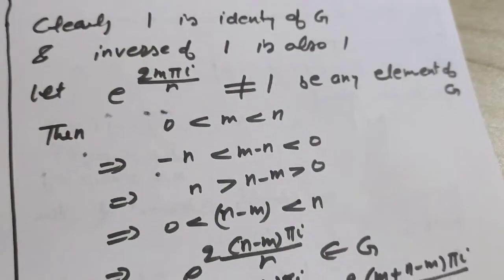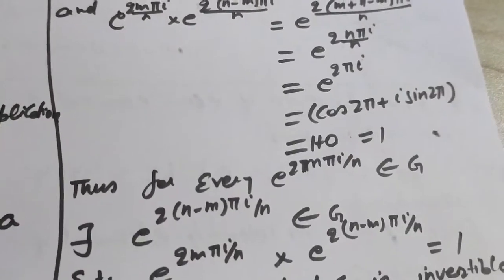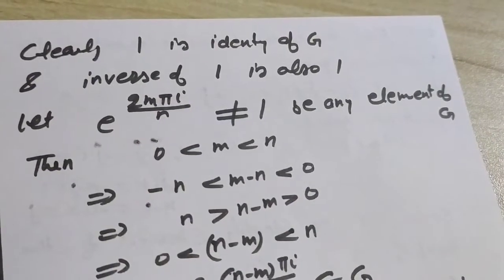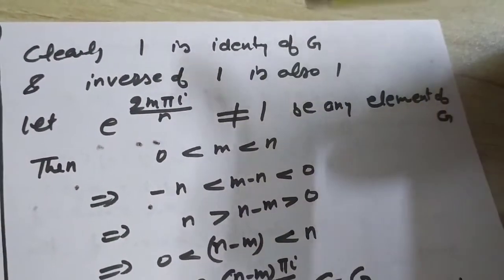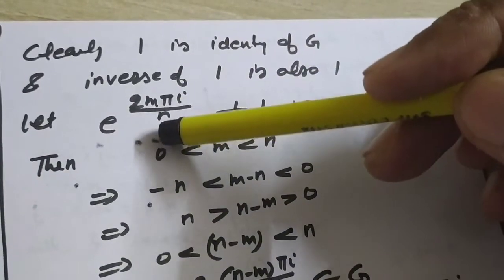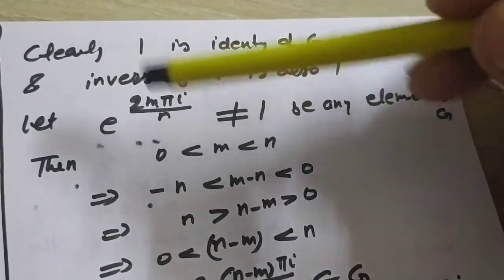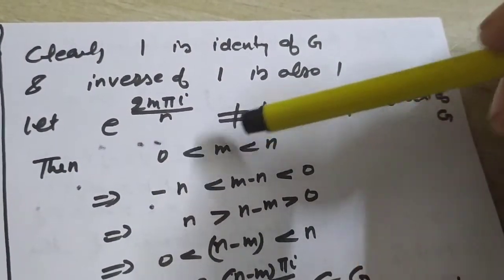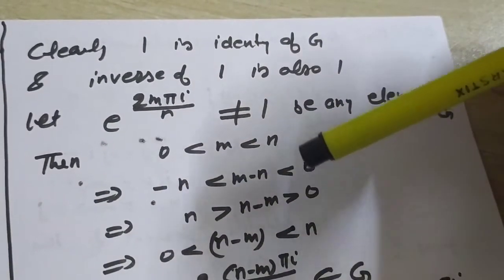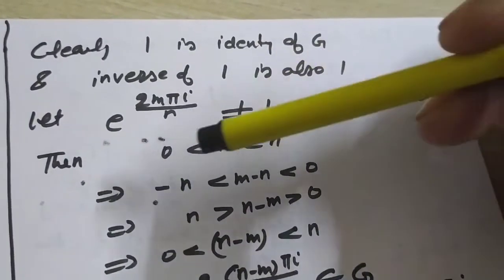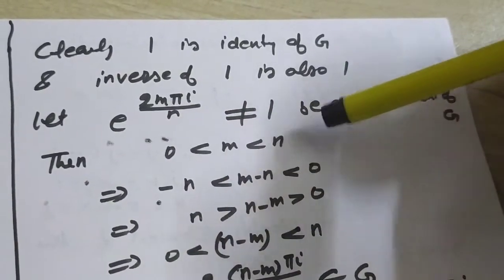Next, now I will search for the identity element and inverse element in the group. Clearly, 1 is the identity of G and the inverse of 1 is also 1. Let e raised to 2m pi iota over n, not equal to 1, be any element of G. Then for 0 less than m less than n we have, now look at what has been done here, I have added minus n on each side: 0 minus n, m minus n, n minus n, 0.